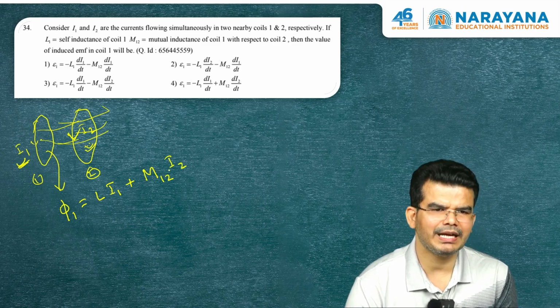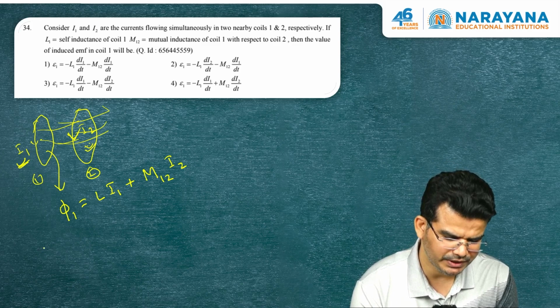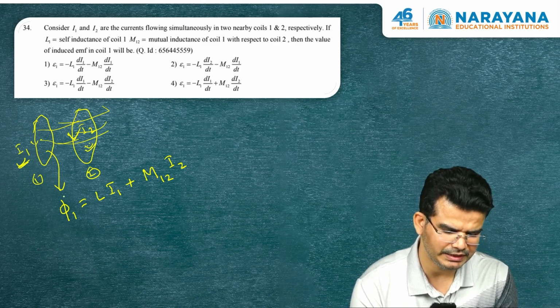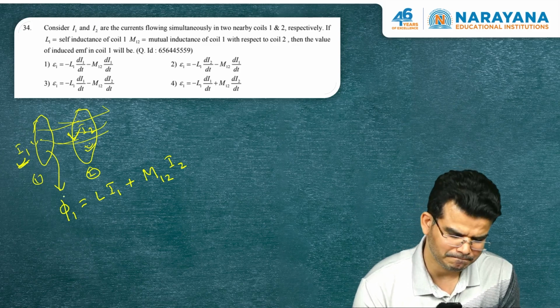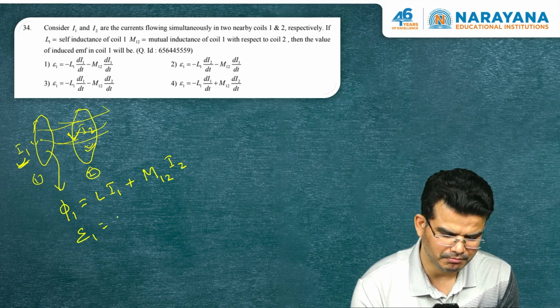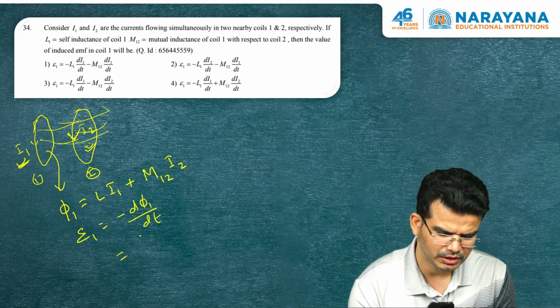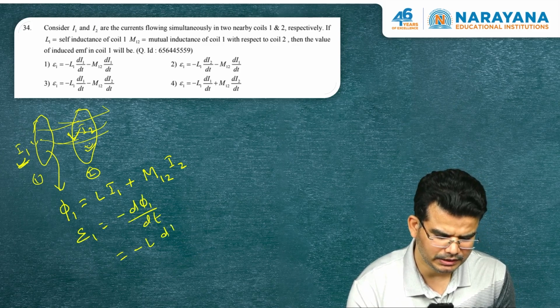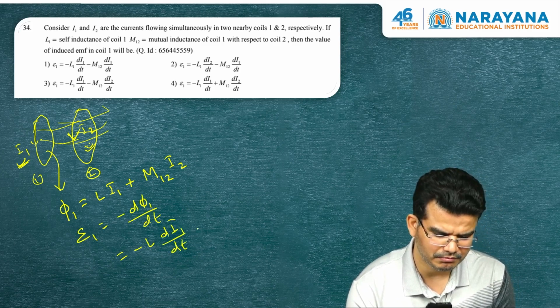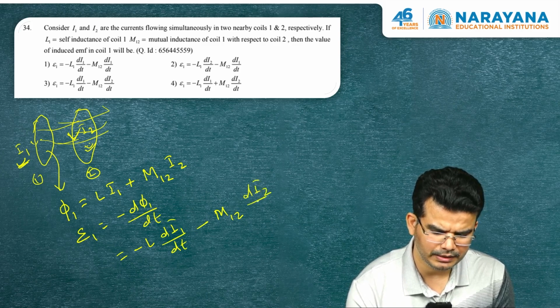Now what are they asking? EMF. So EMF is minus d phi 1 by dt, because they are asking E1. So E1 equals minus d phi 1 upon dt. Just put in the value. So it is minus L1 d I1 by dt minus M12 d I2 by dt.